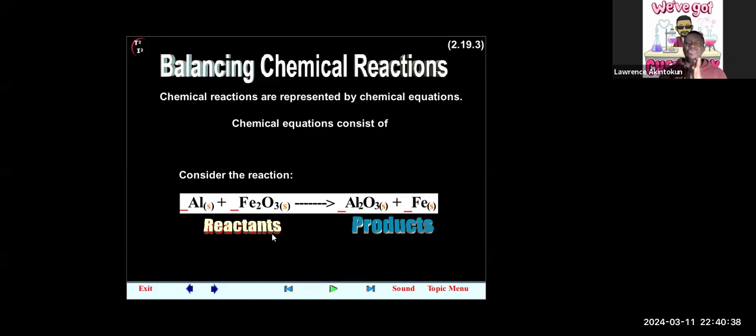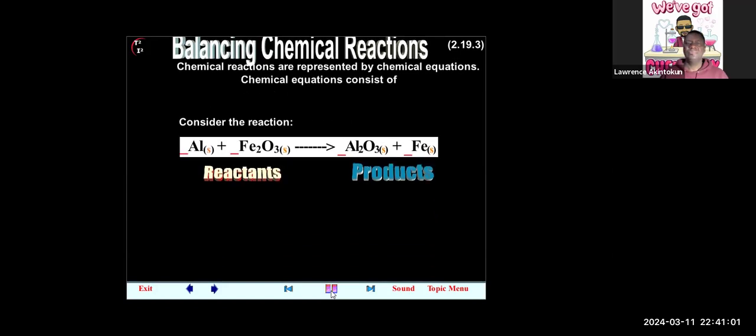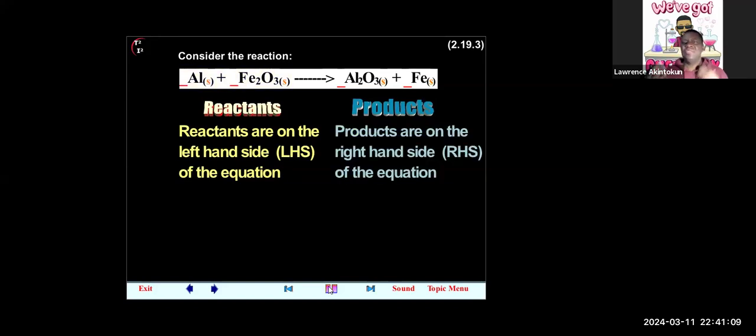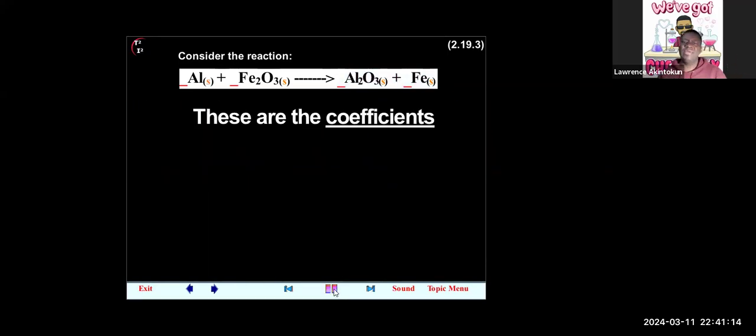That is the substance you added together. And what you get on the right side is your products. That arrow in the middle means yield. So Al plus Fe2O3 yield, or produce, or form, Al2O3 plus Fe. Reactants are on the left-hand side of the equation, and products are on the right-hand side.